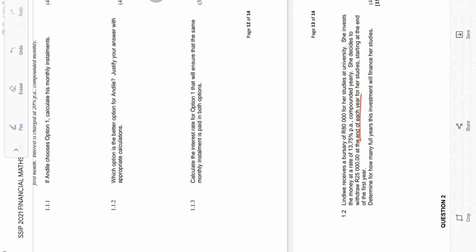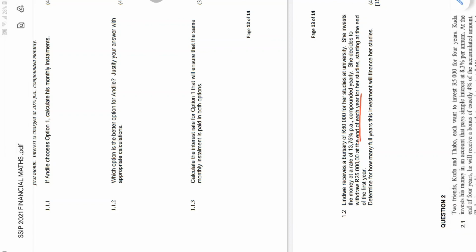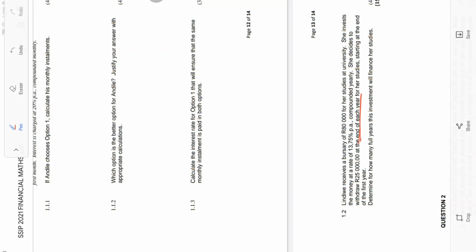So from the 80,000, every year you withdraw 25,000. The 80,000 is already available, so you are deducting 25,000 every year. So you look at it as a present value annuity situation.